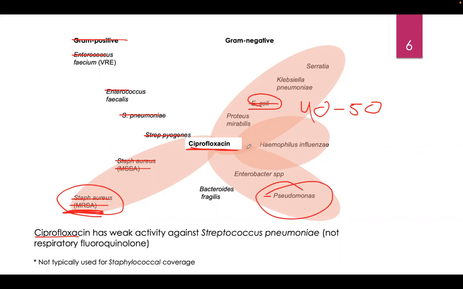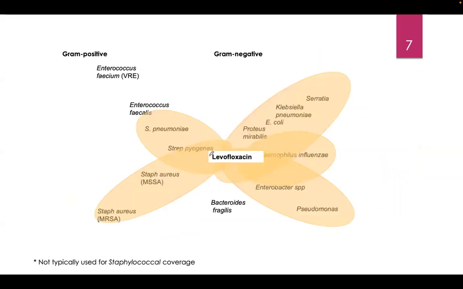So it certainly gives you a nice oral option for Pseudomonal infection once you get your culture and sensitivities, as does levofloxacin, as does delafloxacin. So you would never, though, use these for Streptococcus pneumoniae, not ciprofloxacin. So its utility is not futile, but it's certainly minimized.